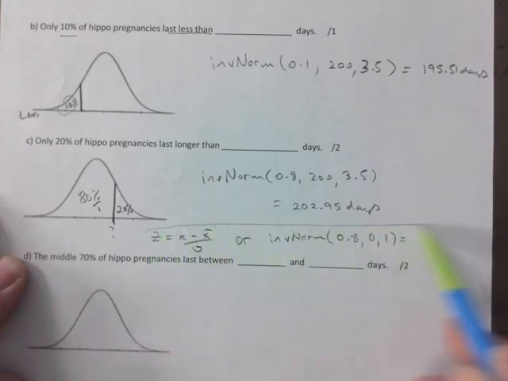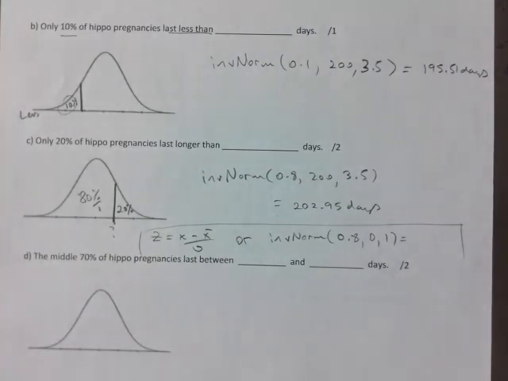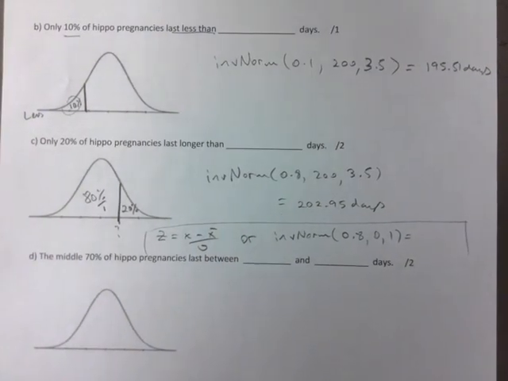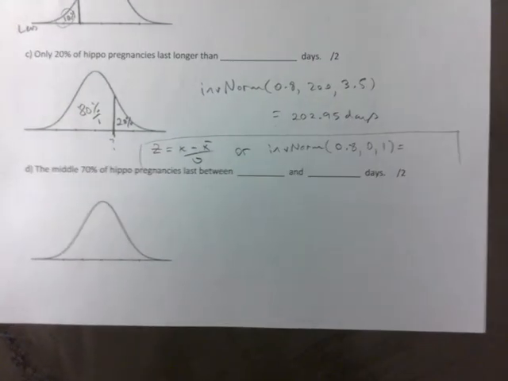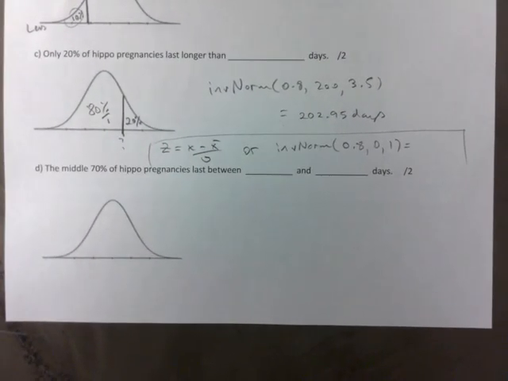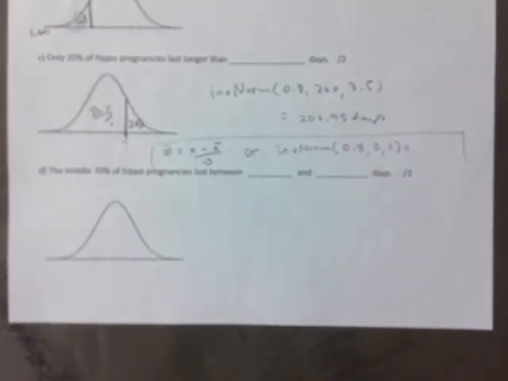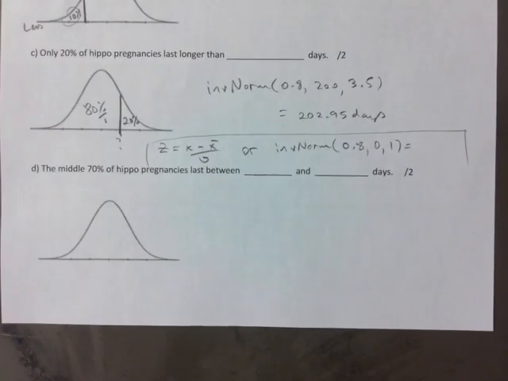So this is just an aside. If I asked you for the z-score, you could do it that way. Quite often there's more than one way to get to the answer.